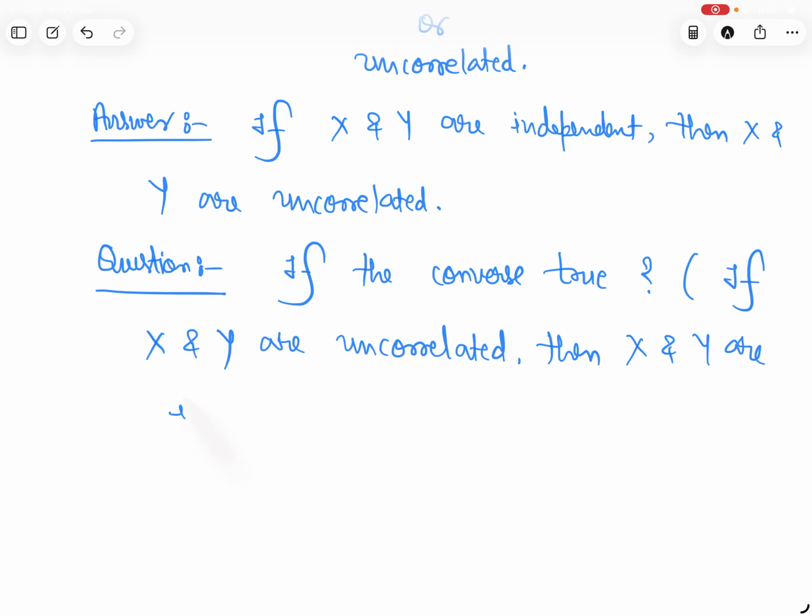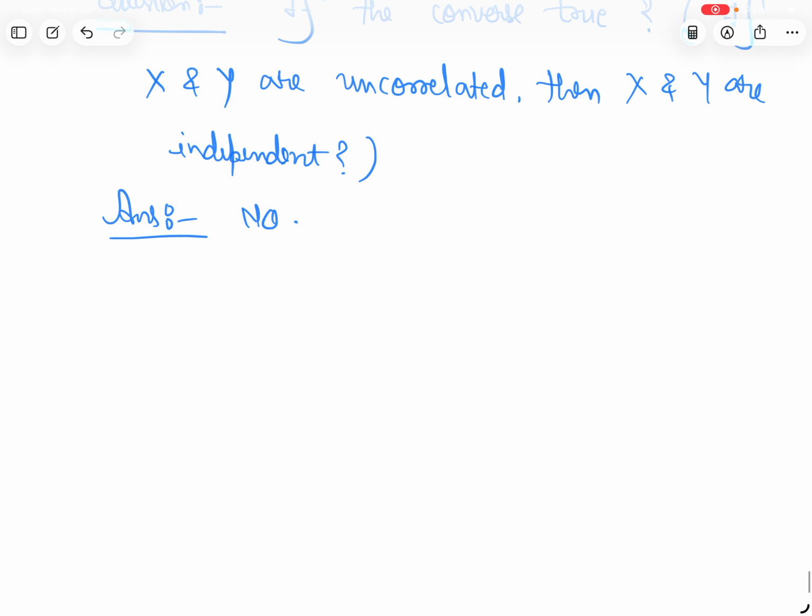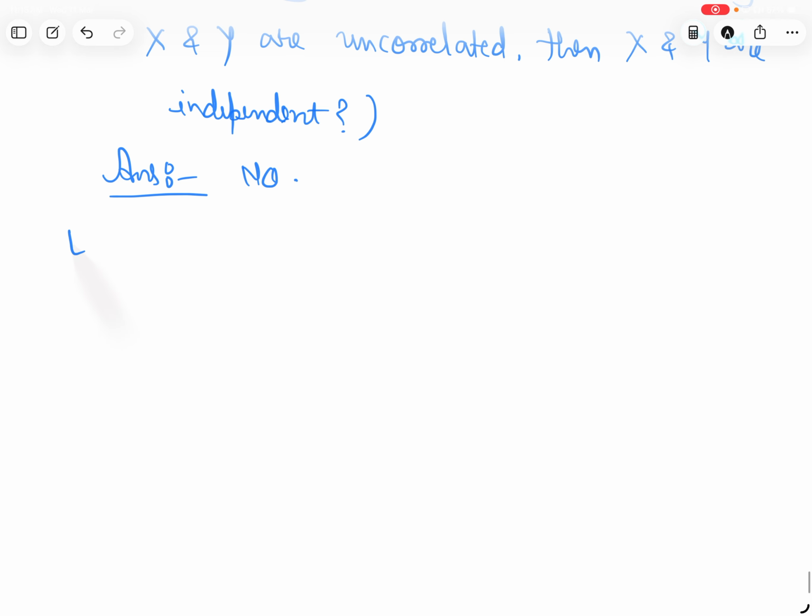So the answer is no. If x and y are uncorrelated, then x and y need not be independent. Answer is no. Example, I am giving an example.